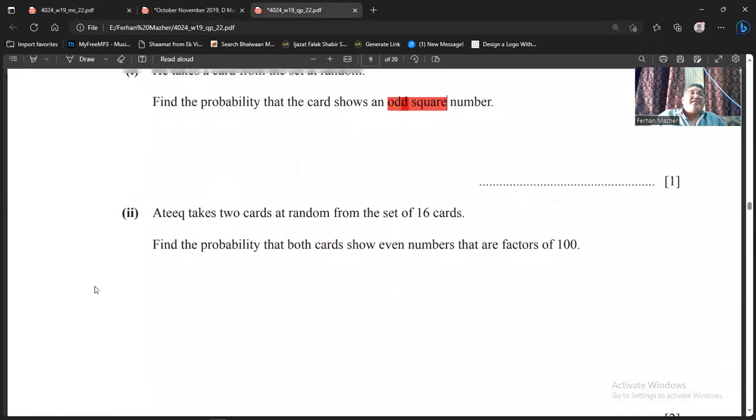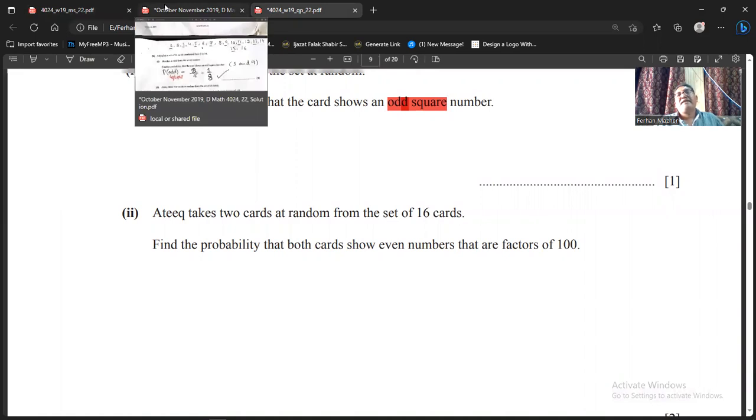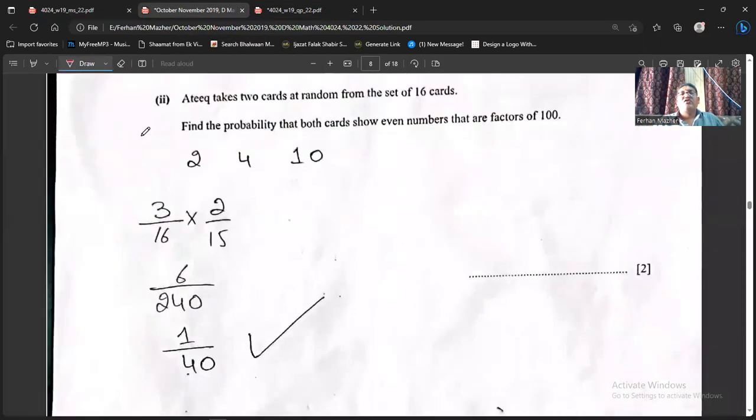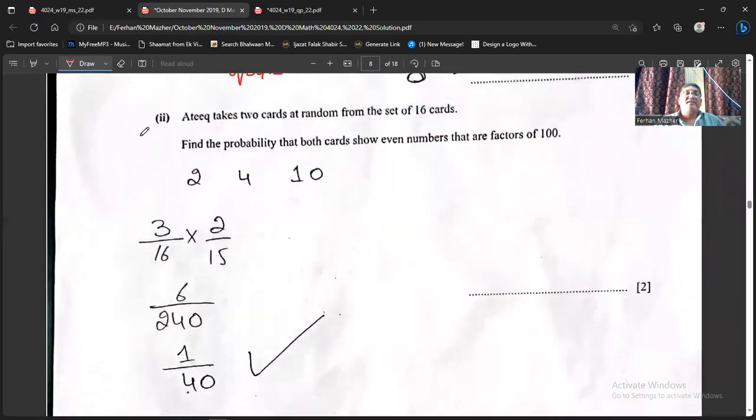Then he says Atik takes 2 cards at random from the set of 16 cards. Find the probability that both cards show even numbers that are factors of 100. Even numbers which are factors of 100 are 2, 4, and 10. So out of 16, these are 3. Both cards are from this list.